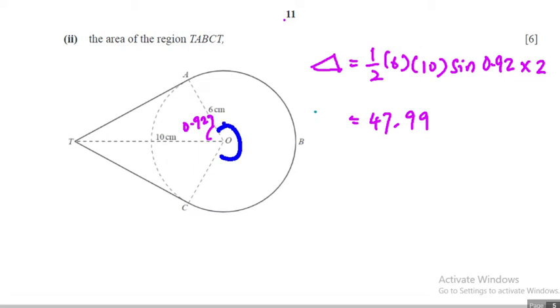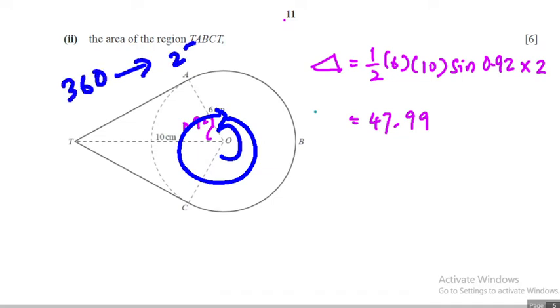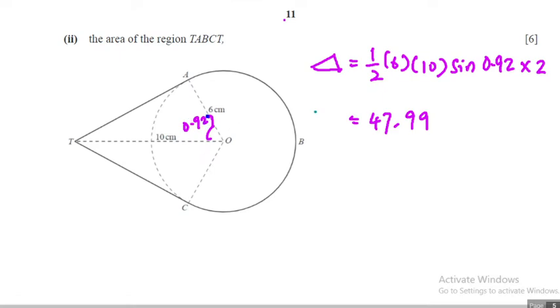The whole turn is 360 degrees, which is also equivalent to 2 pi. Since we want the angle in radians, we just use 2 pi. Then you minus 0.927, you minus these two, then you can get this angle here.